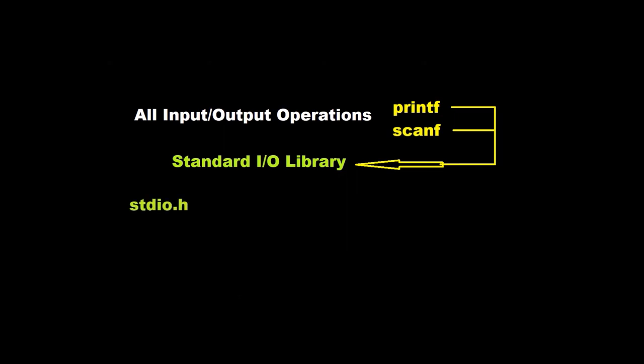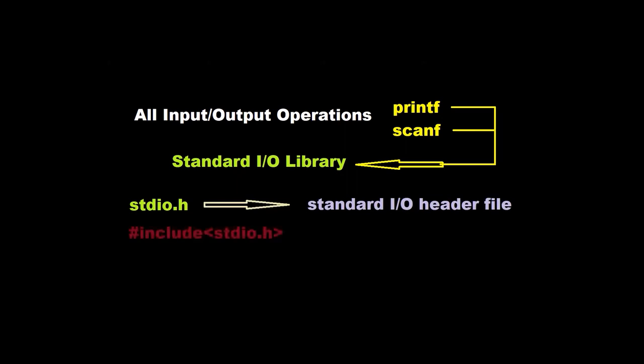The file name stdio.h is an abbreviation for standard input output header file. The instruction #include stdio.h tells the compiler to search for a file named stdio.h and place its contents at this point in the program. The contents of the header file become part of the source code when it is compiled.